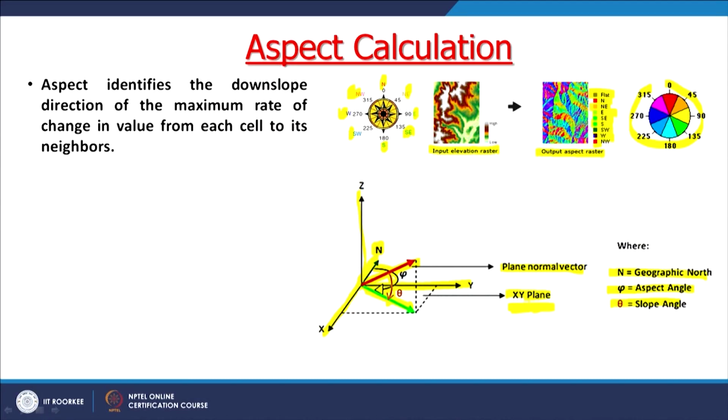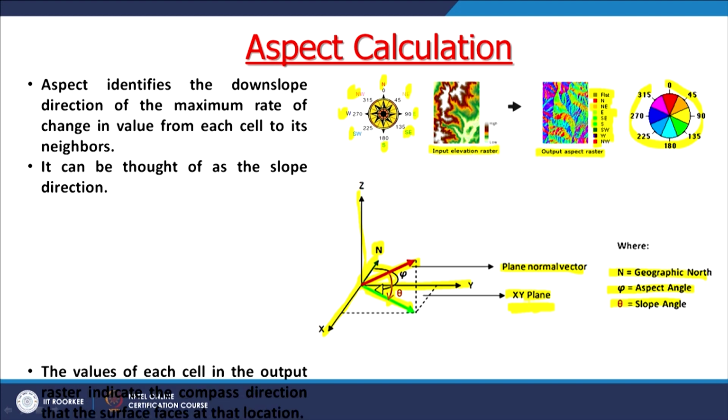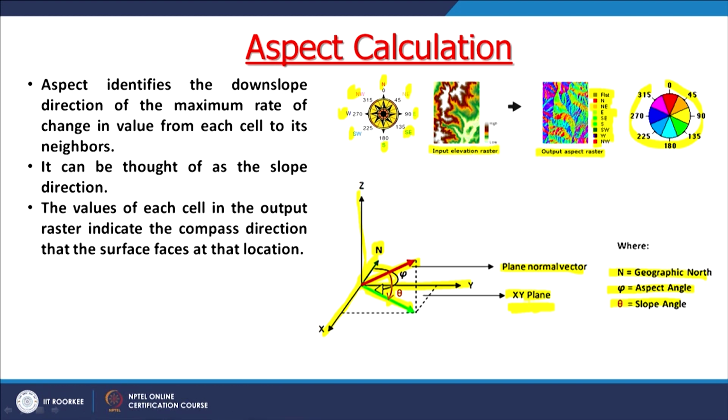So with reference to north, whatever the direction is projected on the flat plane, the value is decided, whichever direction out of 8 directions, or maybe flat also. So it can be thought of as the direction of slope. Slope you get in degrees or in percentage, but here it is the direction for the aspect.